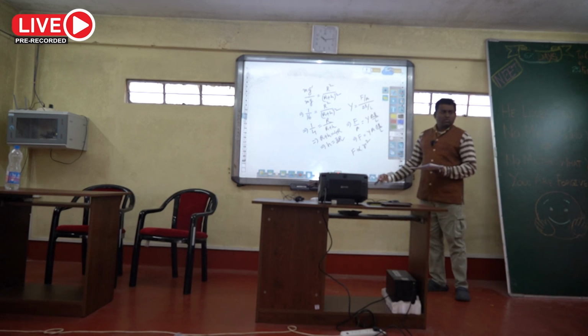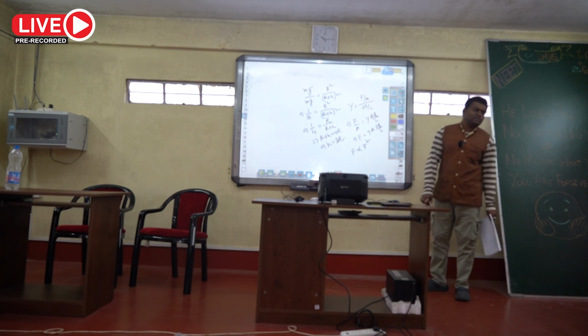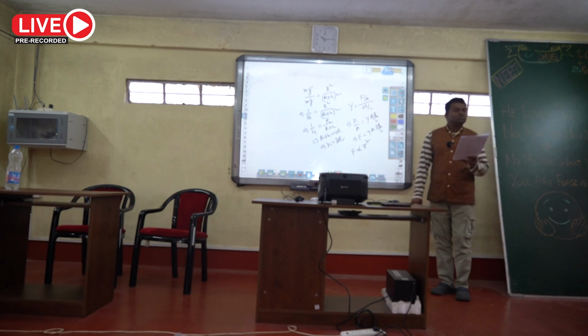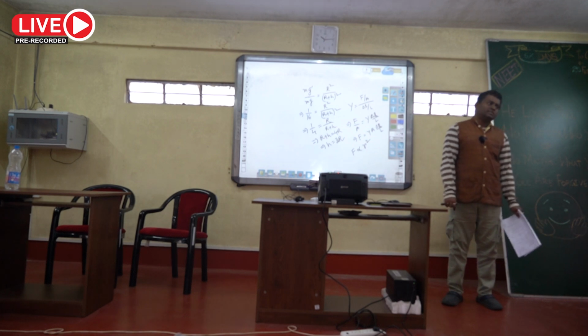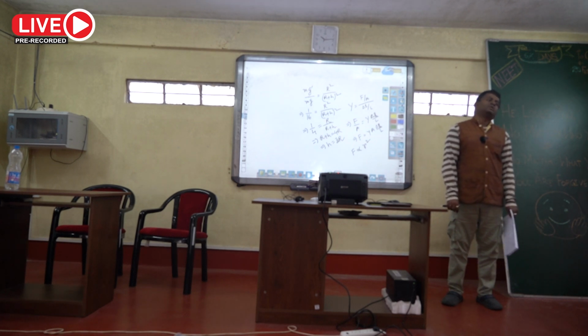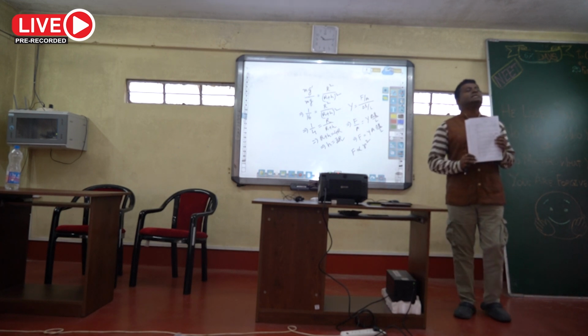So F proportional to r square or F proportional to d square, anything you can write and then calculate. Diameter is twice, so radius will also be twice. So force will become 4 times. Initially force is 20 kg weight, now 4 times force is required, that is 80 kg weight.